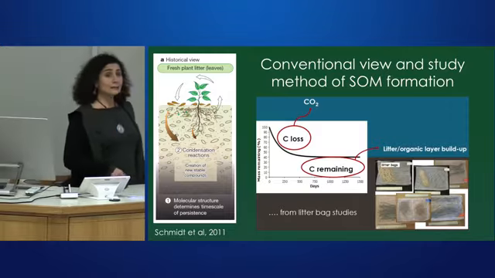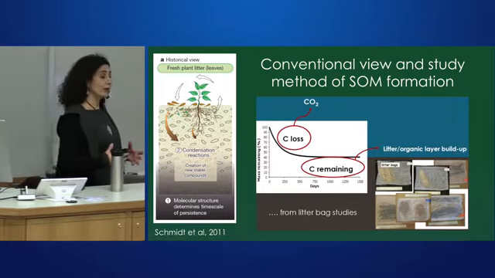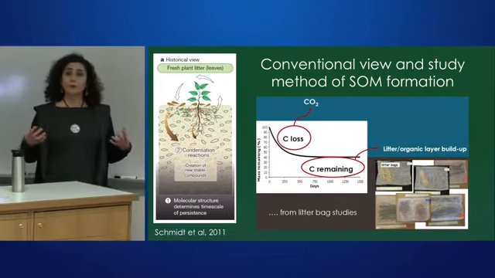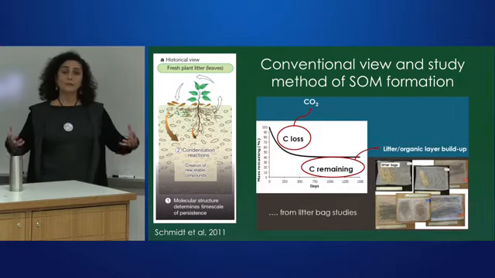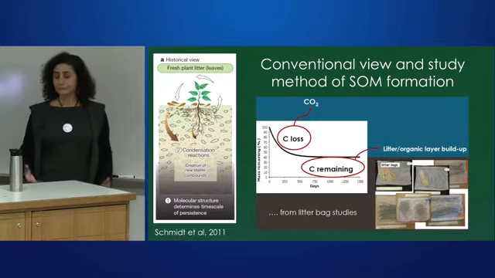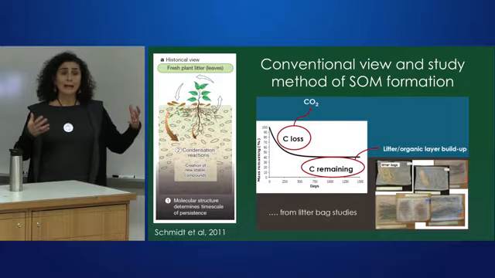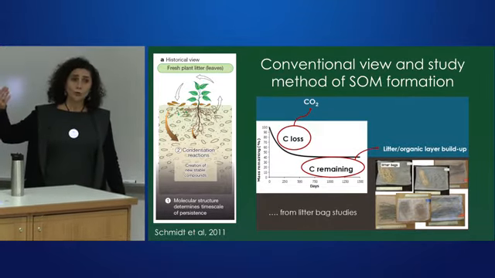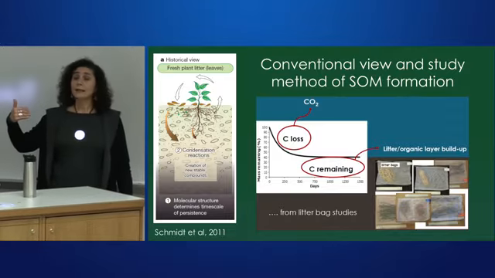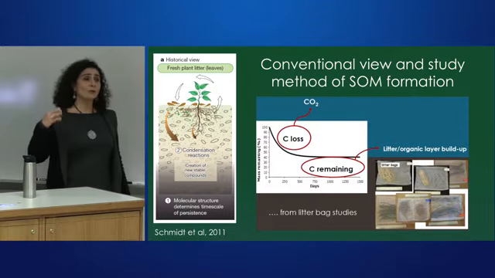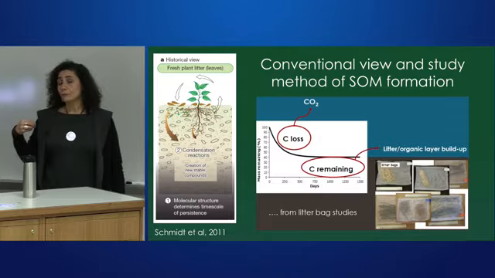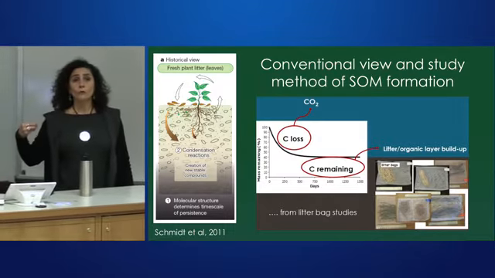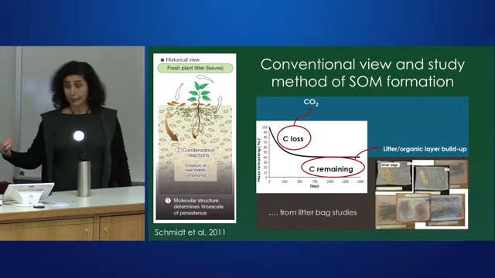The understanding was that for any amount of plant residues left on the soil, microbes decomposed it and mineralized the carbon, so there was loss to the atmosphere. Then there was a fraction remaining, and we thought that fraction was what built the soil organic matter.